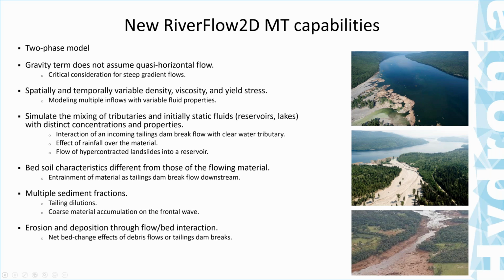We account for the erosion of the actual bed of the terrain or the river. So of course the material can also erode and move, but the bed can change in time because there is interaction of the bed with the flow.